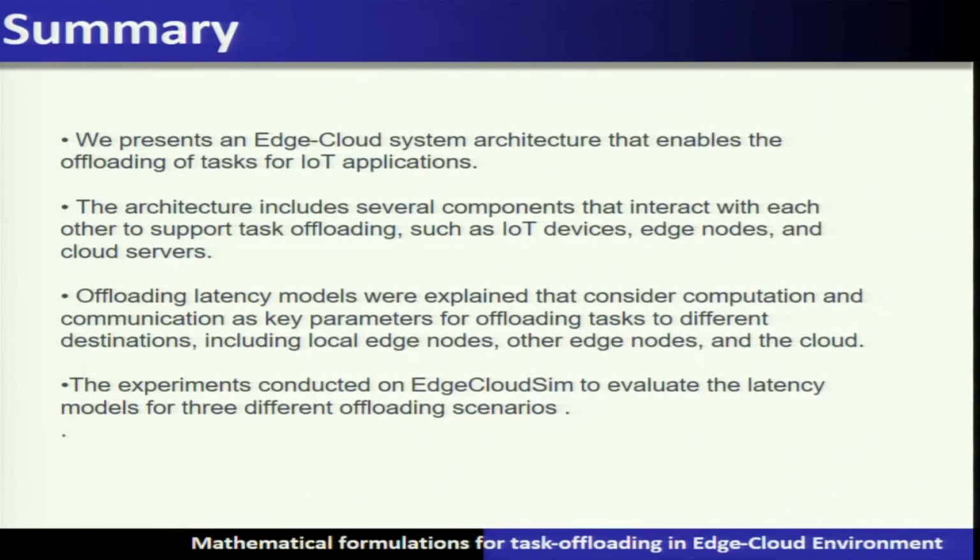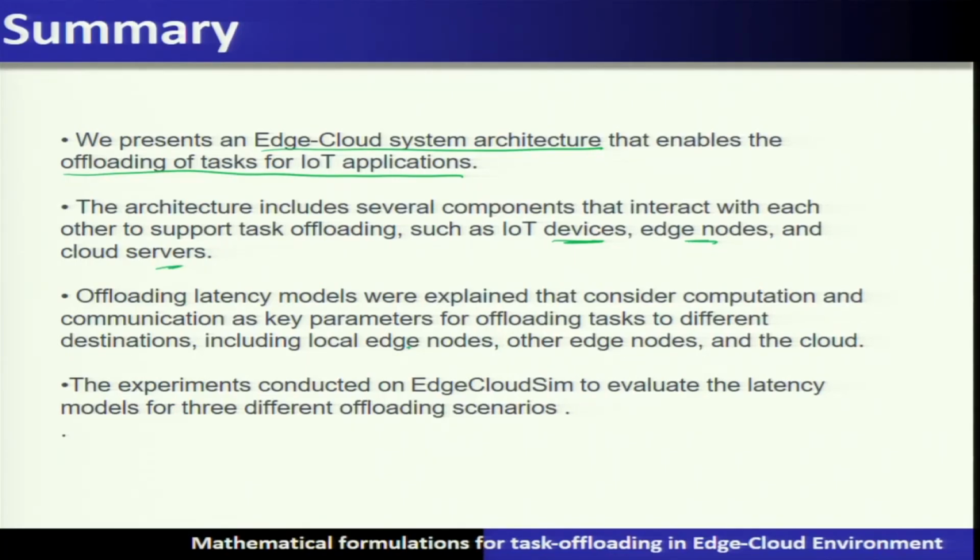Let us summarize. We presented here the edge cloud system architecture to support the offloading of tasks in the IoT scenario. This architecture includes several components that interact with each other to support the task offloading, such as IoT devices, edge nodes and the cloud servers.